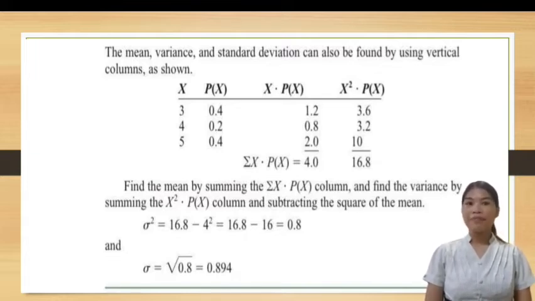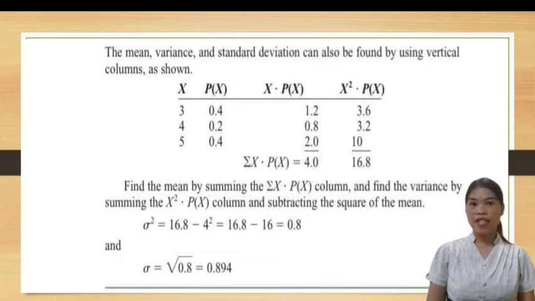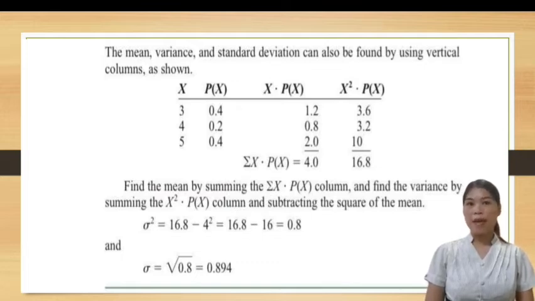And then, x times p of x. So, we multiply. So, 3 times 0.4 is equal to 1.2. 4 times 0.2 is equal to 0.8. And then, 5 times 0.4 is equal to 2.0.